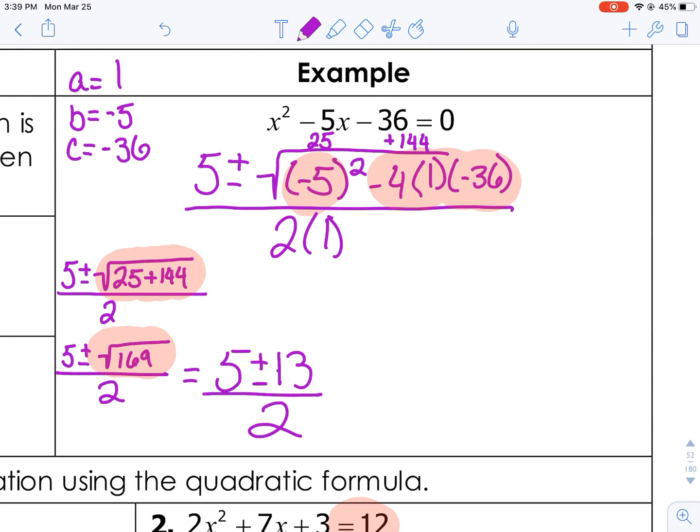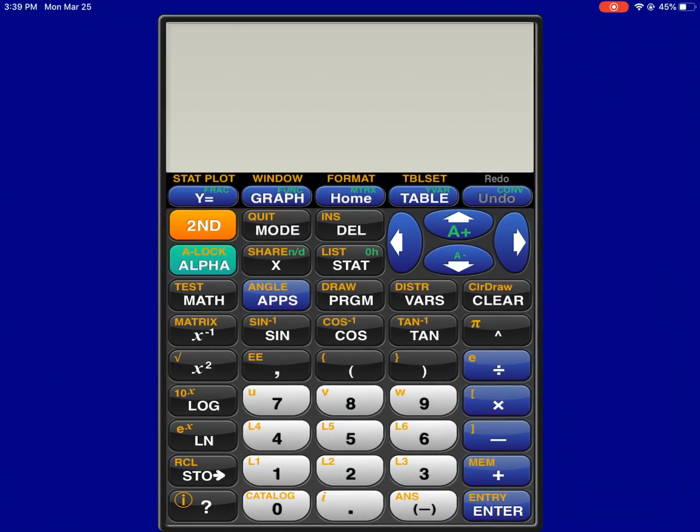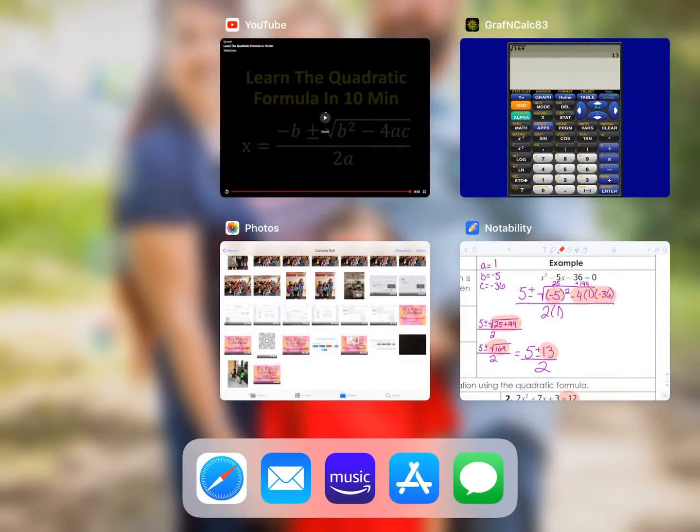And you're like, hold up, Miss Miller, how does the square root of 169 equal 13? If that's not a perfect square we have memorized, I can use my calculator. The square root of 169 gives me that 13.